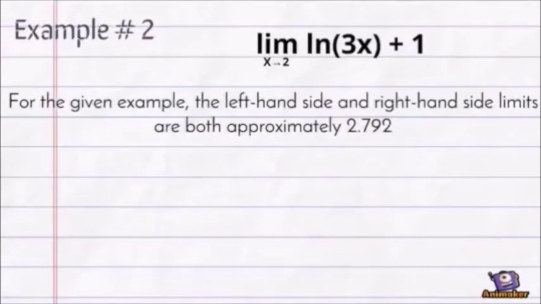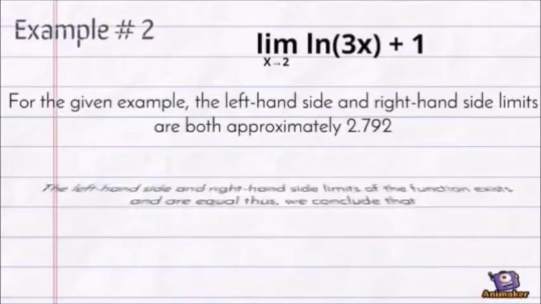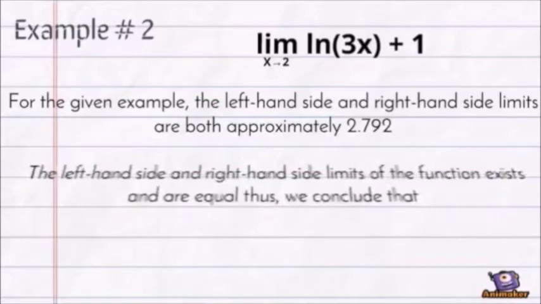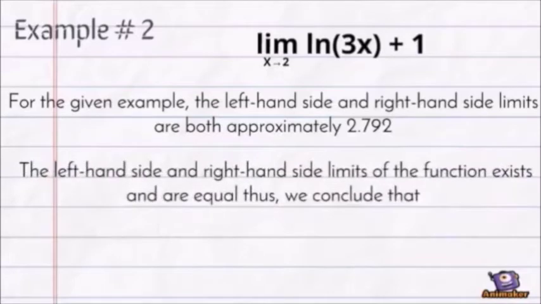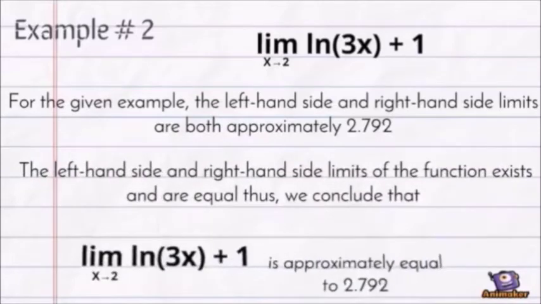For the given example, the left-hand side and right-hand side limits are both approximately 2.792. The left-hand side and right-hand side limits of the function exist and are equal. Thus, we conclude that the limit of ln 3x plus 1 as x approaches 2 is approximately equal to 2.792.